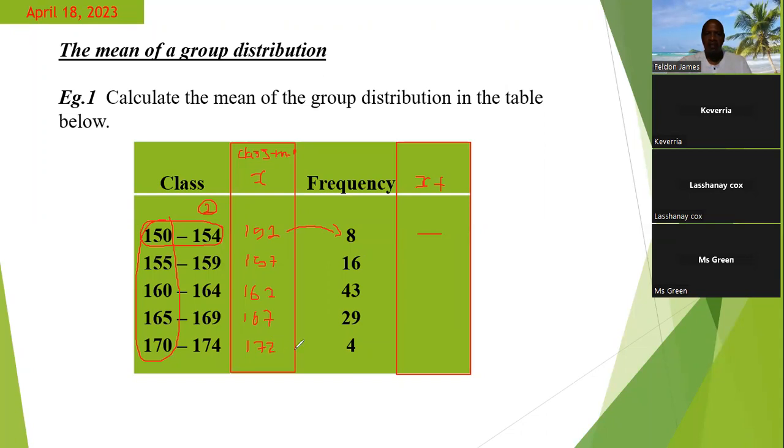That would be a much easier way to calculate your class midpoint value. Is that clear, guys? Let me see the hands of those who understand what I just did.